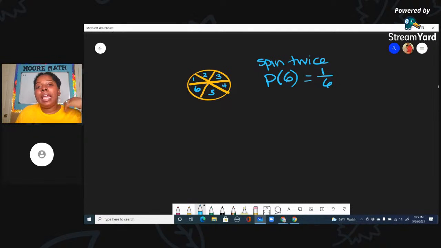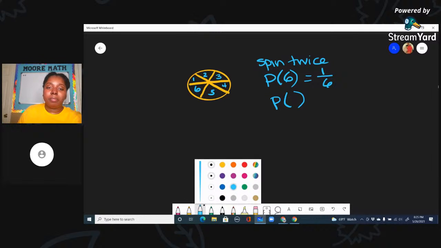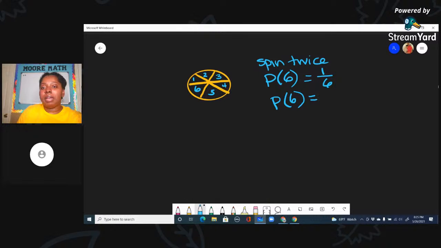Then when I spin it again, on the second chance, what's the probability that I'm going to land on a 6 again? The second 1 out of 6. 1 out of 6, right? Now, what's the probability that these things are going to happen one after the other? I spin it, I land a 6. I spin it, I land another 6.